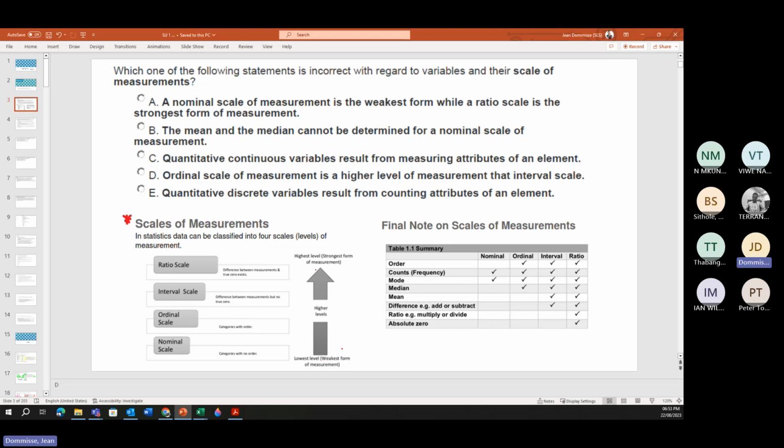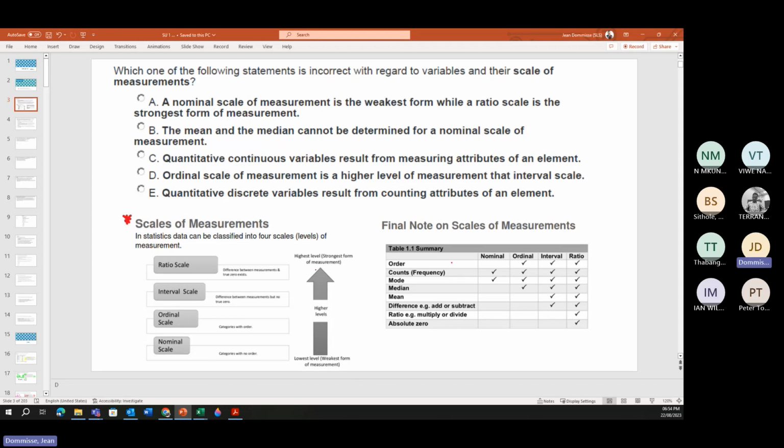So what's your weakest form of measurement versus your strongest form of measurement? Again, this part is more for us to use. When I share it, you can keep it. If I ask it in the exam, you have it.